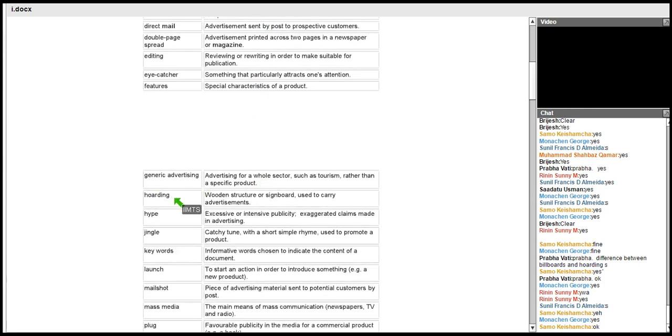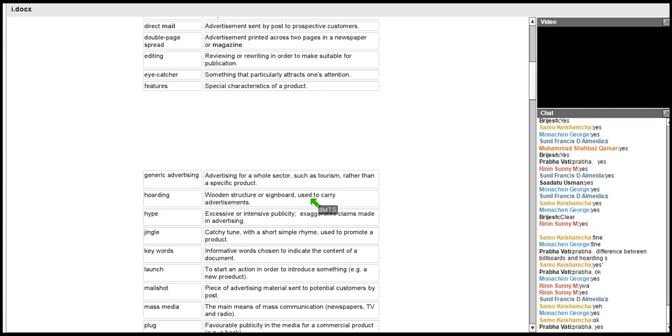Prabha, you were asking me something. A wooden structure or signboard used to carry advertisement is a hoarding. Fine. Generic advertising: advertising for a whole sector such as tourism rather than a specific product. So generic advertising promotes a whole sector such as tourism rather than a specific product. Fine.